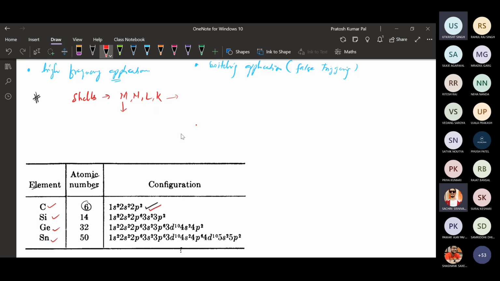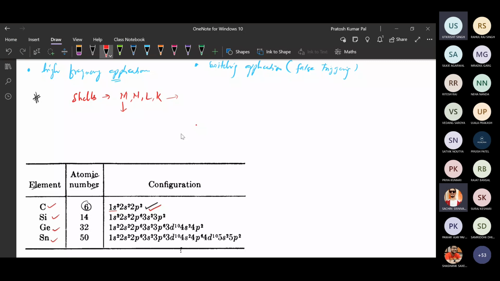Carbon has atomic number 6 and its representation is like that. If we see closely, the first shell is 1s2, that is 2 electrons in the first shell.